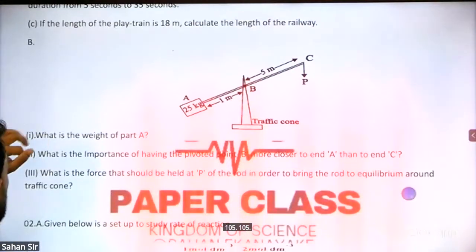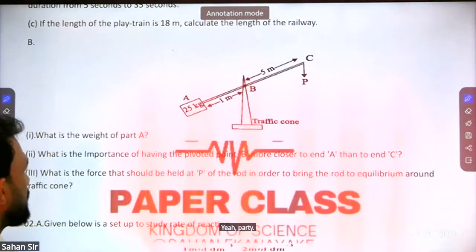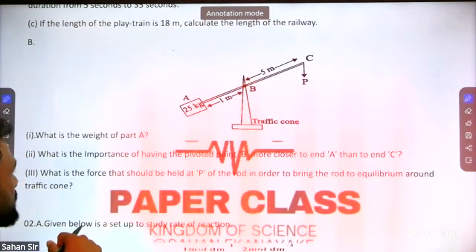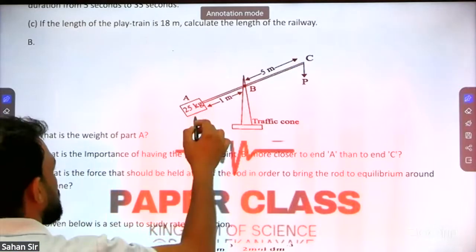Right. Then what is the weight of part A? Mass, no?